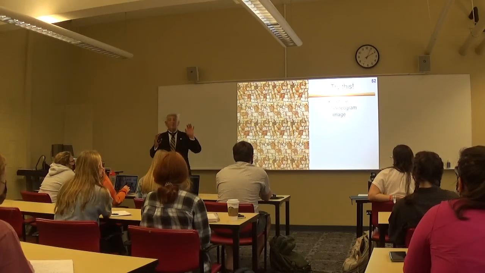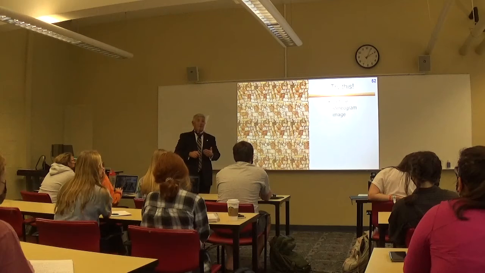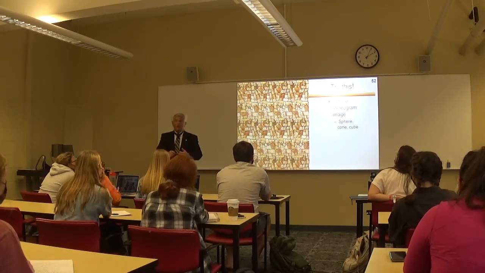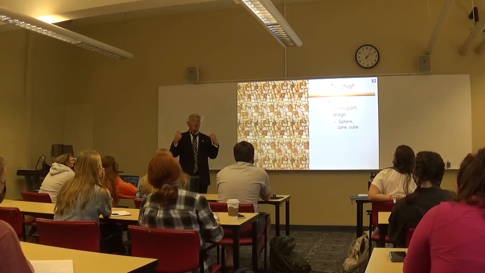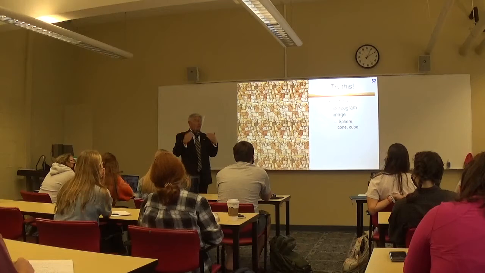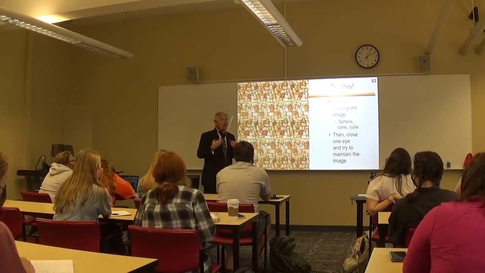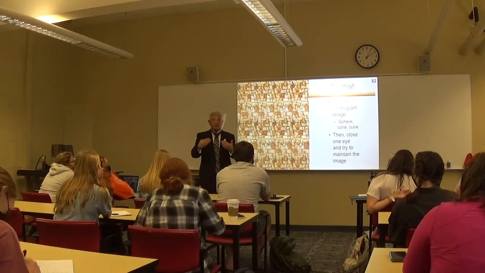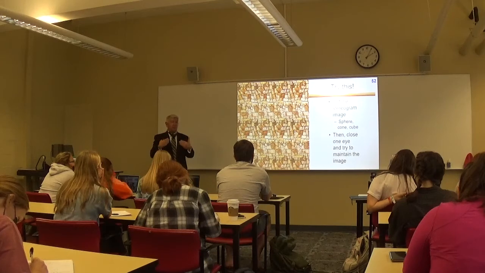But the deal is, do this in front of your computer screen, and then cover up one of your eyes and see what happens to the image. You lose the ability to detect it because it's binocular. You have to have inputs from both eyes in order to trick your brain, right? You close one eye, you can't maintain the perception because you're not putting images on corresponding retinal points anymore, so you don't perceive it.